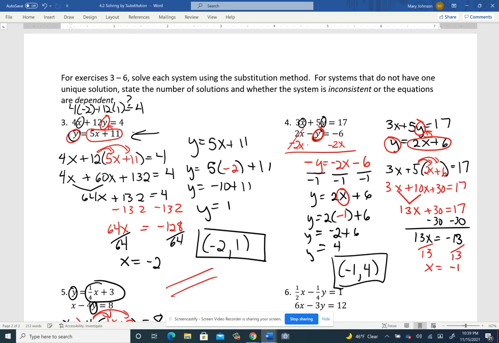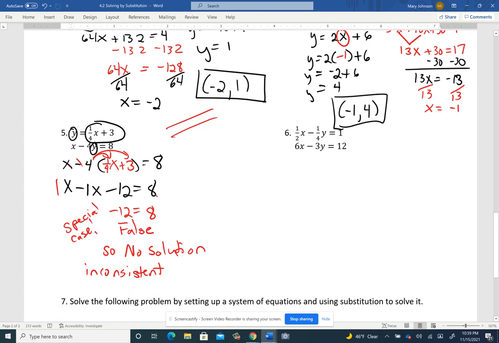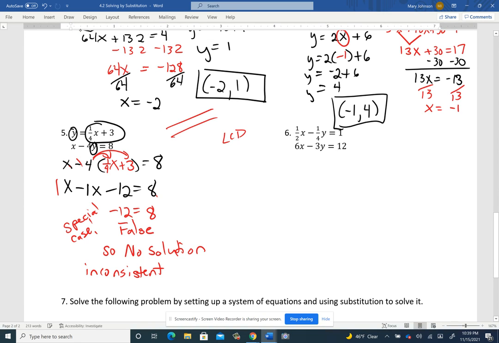Okay. All right, and then with number 6, the fractions make it feel harder, but what you can do is go through and multiply by the LCD, the least common denominator of those fractions. So the LCD of 2 and 4 is 4. So if I multiply by 4 everywhere on that first equation, I'll clear out the fractions.